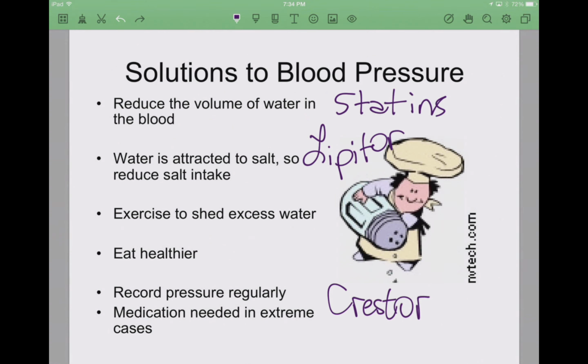What they do is prevent the formation of cholesterol in the liver. 70% of your cholesterol is synthesized in your liver, and that includes that bad LDL form. So if you want to take that bad number down, you can take statins.